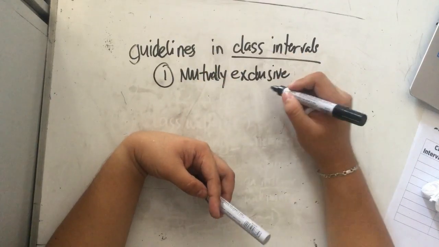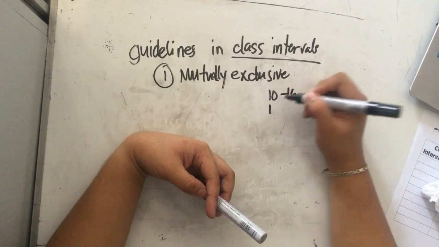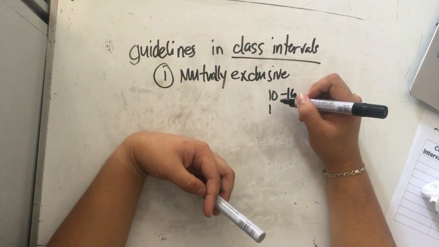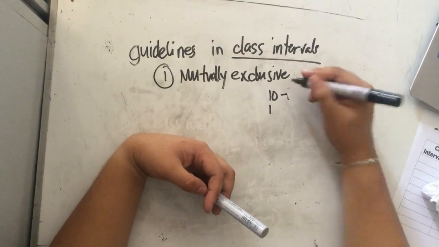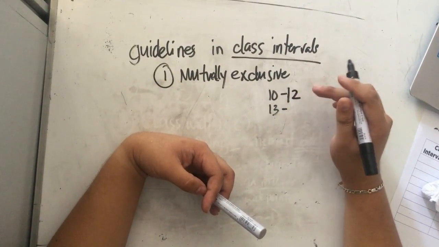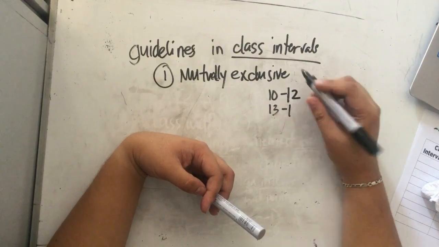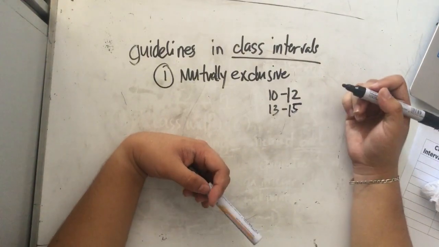So for example, kapag may data tayong pinasok kay 10 to 12, then we have 13 to 15. Okay?